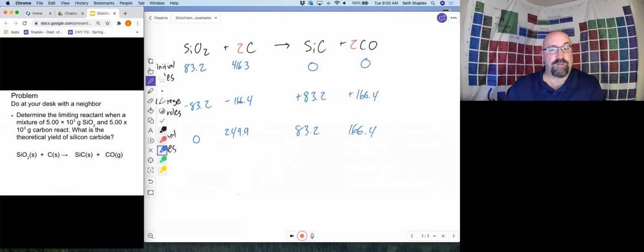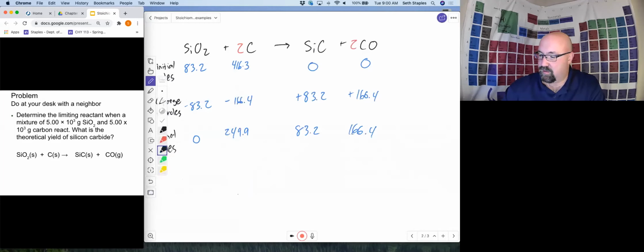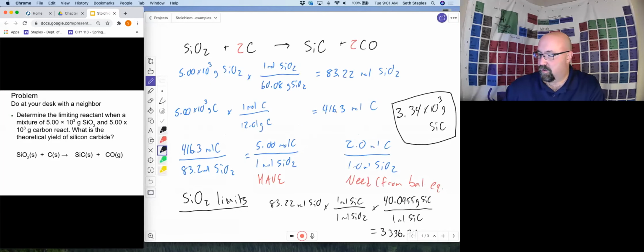The question ultimately is asking us for our theoretical yield of silicon carbide. So we know that we produce theoretically 83.2 moles of our silicon carbide. And so now we can simply convert that over to grams.